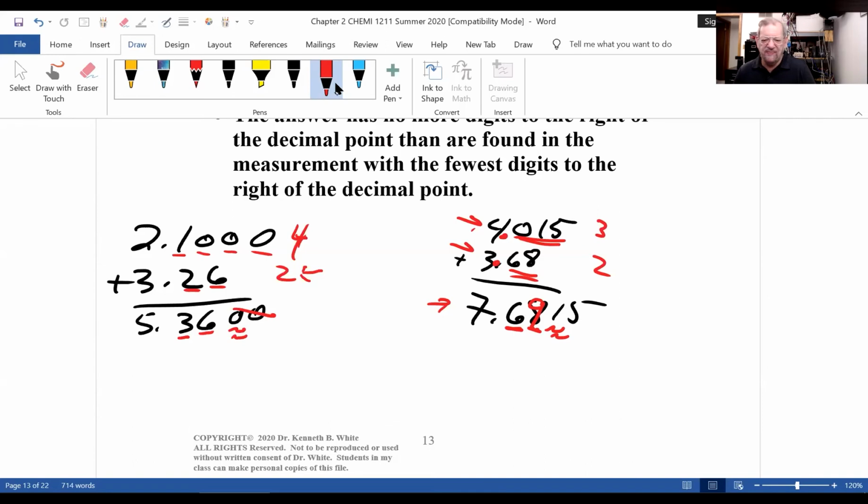Thank you. All right, so this has 2, this has 3, and therefore, to round off, I keep this one, I still use this to round off. It's 4 or less, drop that, and the correct answer is 6.9.